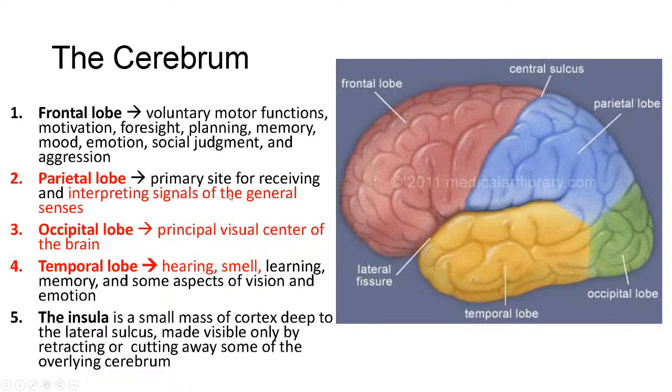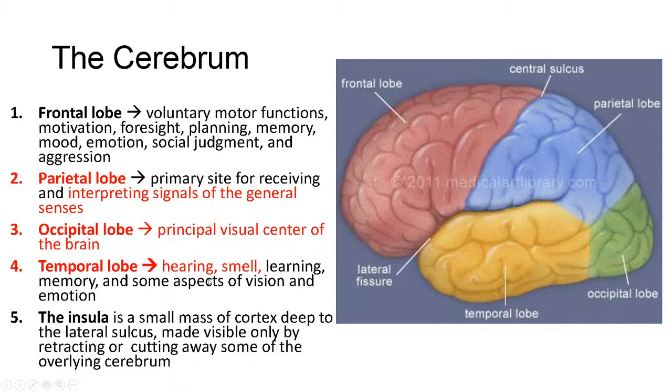Then the occipital lobe is the primary visual center of the brain where we interpret visual information. And people have known for a long time that if you hit the back of your head hard enough, you'll go blind. And that's because the occipital lobe back here interprets visual information.